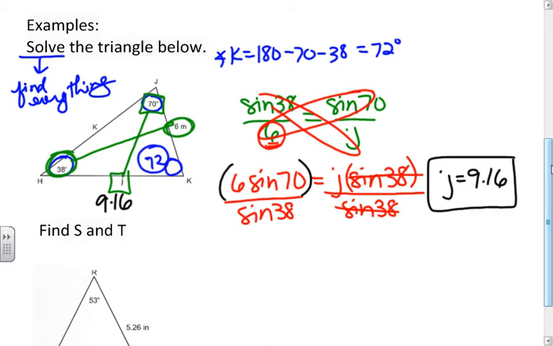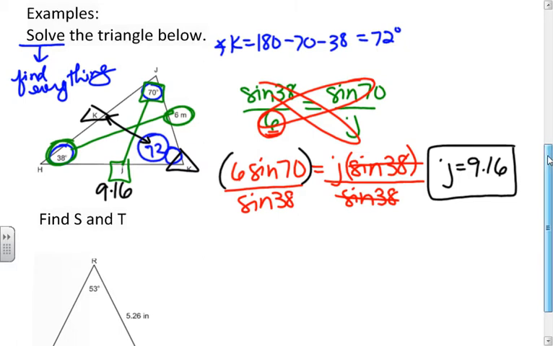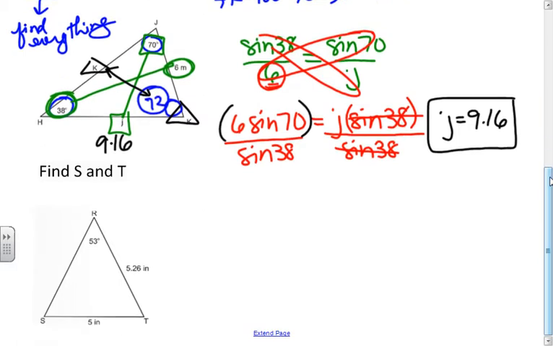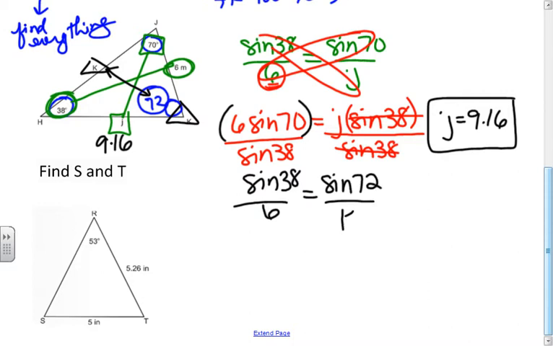Now, 72 is my other angle that's going to be opposite of K. I know that this side K should be bigger than 9.16 because of that side angle relationship that we talked about all the way back in Geometry A. So now I'm going to start over and I'm going to say that the sine of 38 over 6, that's my starting one, is equal to the sine of 72 over K. So now I'm going to use this value and K and these two that were given to me.